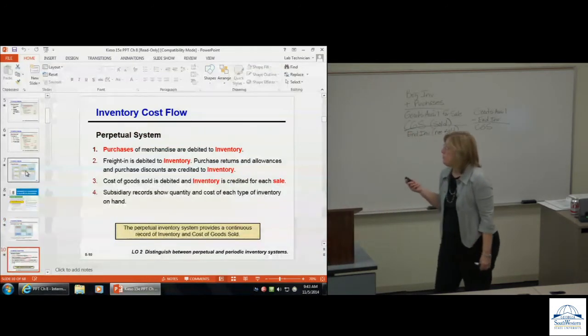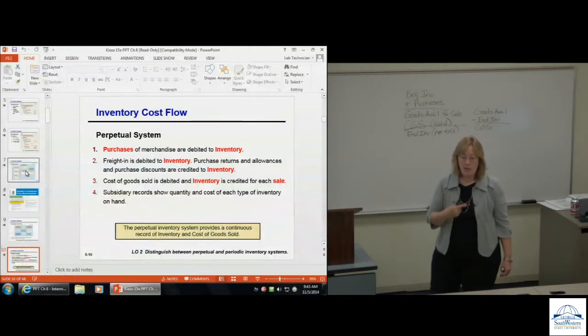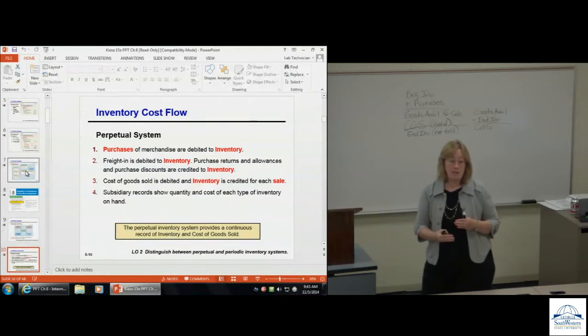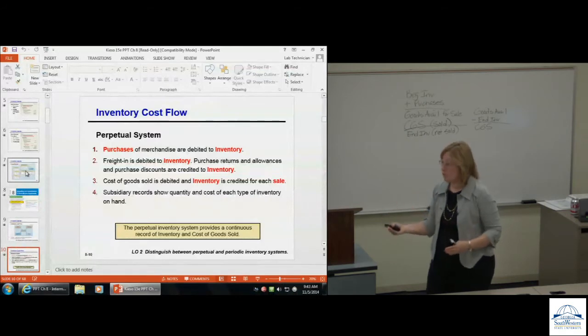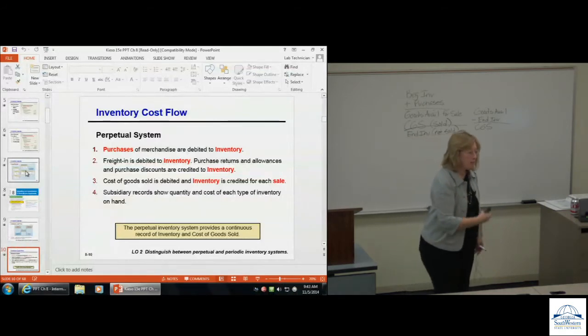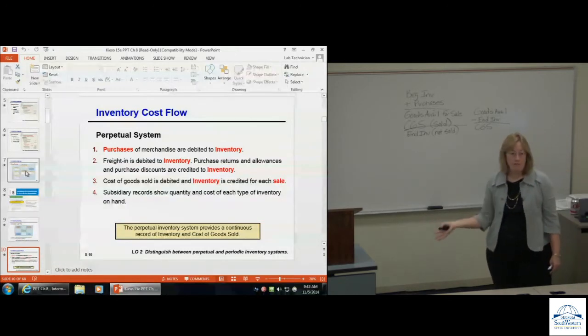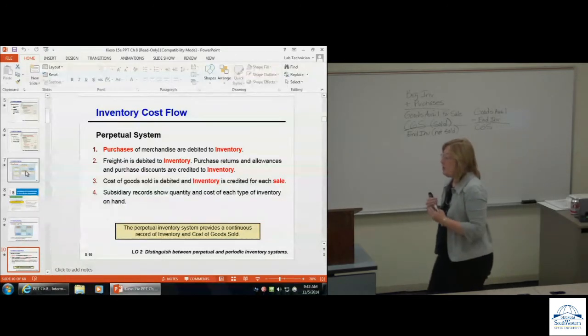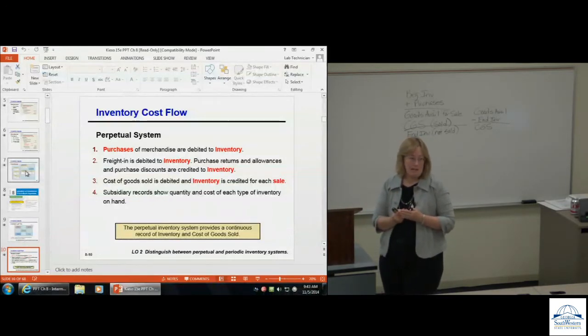Under the perpetual system, every time we buy or sell goods, we make an entry, a journal entry to what? Inventory, right? Every time we buy or sell goods, our journal entry goes to inventory. What does that mean? Our inventory is perpetually up to date. You know?